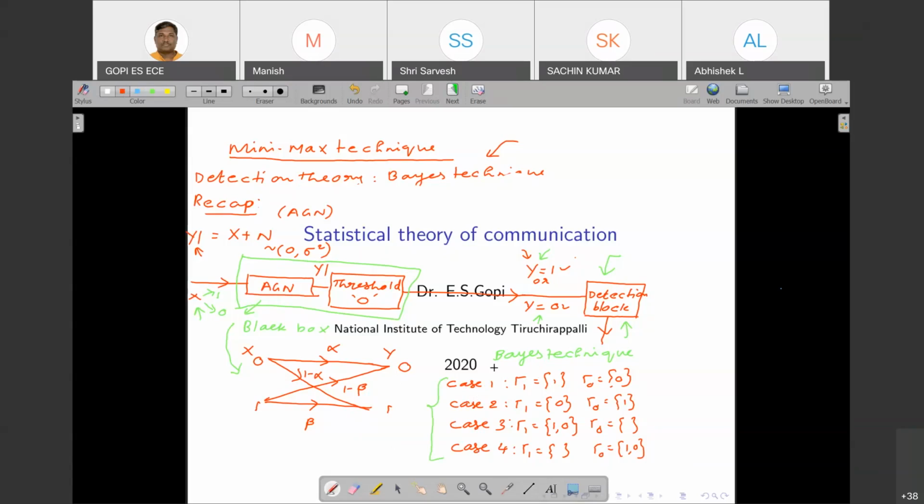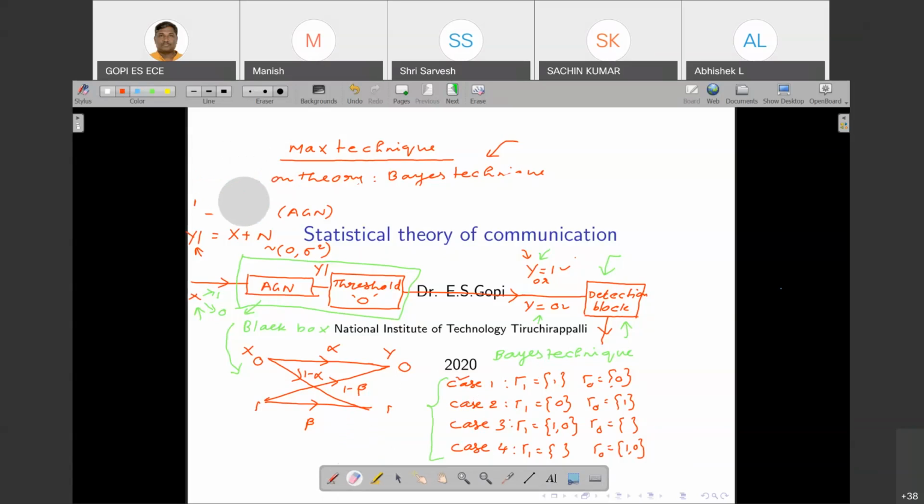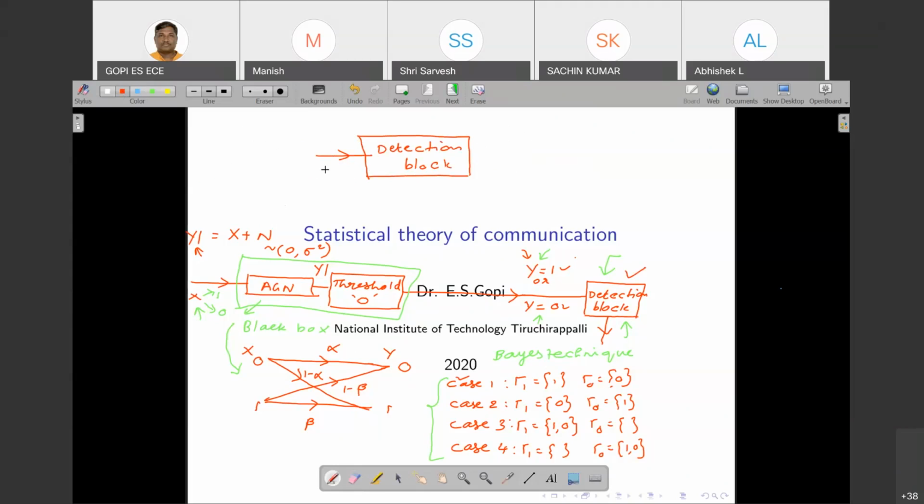If I take this case 1, how will you understand the meaning of this case 1? That is a rule now. I'm talking about this detection block, which has this input y only. So if I consider case 1, what does it mean?